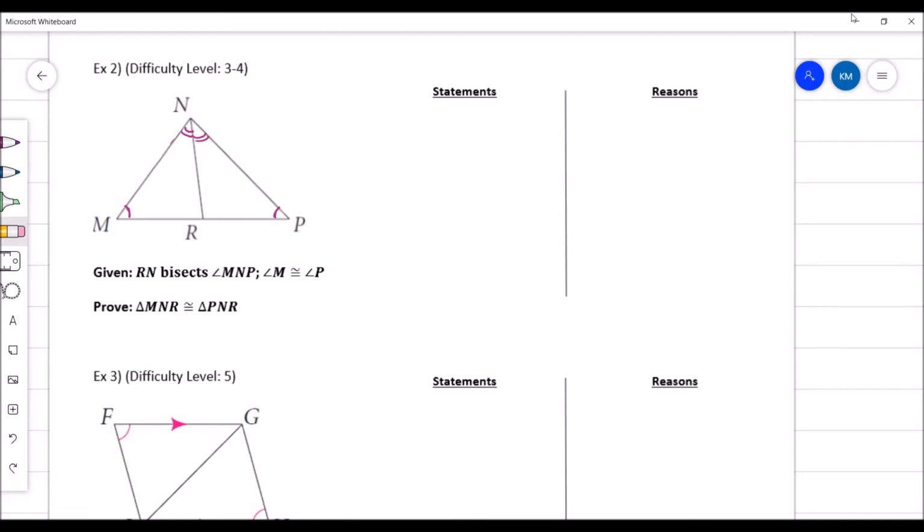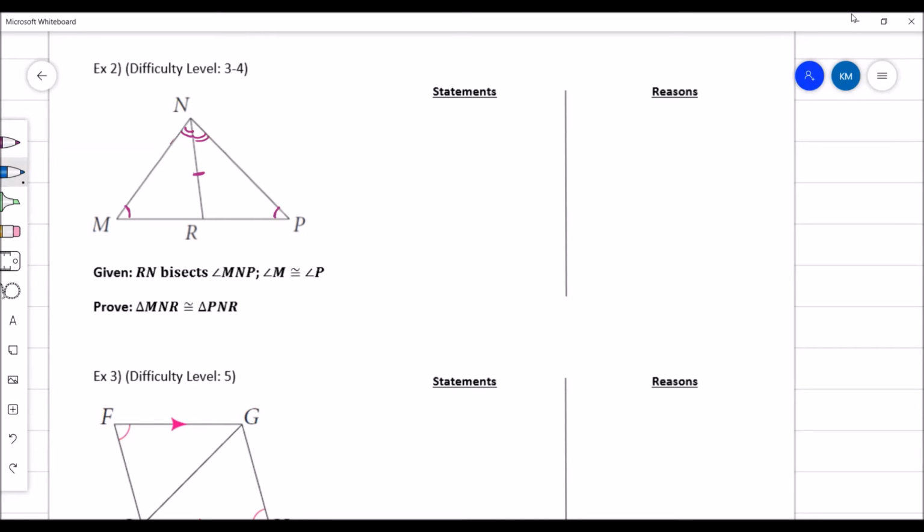All right. So from there, I'm looking at that, and I say, oh, wait a second, NR is a part of both of these triangles, right? And so it's equal to itself by the reflexive property. And so I have angle, angle, side, where the side is not included. And so that should be enough for me to say that these two triangles are the same.